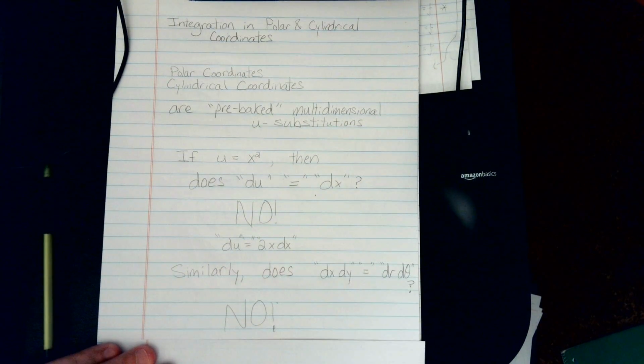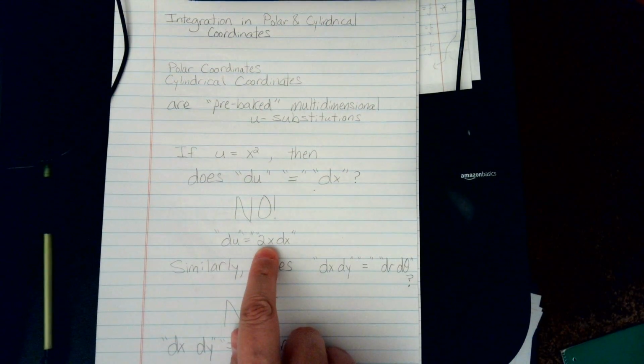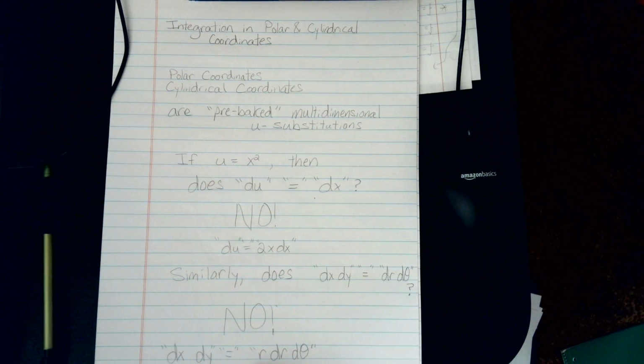In fact, dx dy, or dA if you prefer, is r dr d theta. There's that r term. Just like over here there's 2x, down here there's r. And you can say, well, how do we calculate it? Where does it come from? I may make a video later on about that. But the answer is that as far as you're concerned, it's something that you memorize.